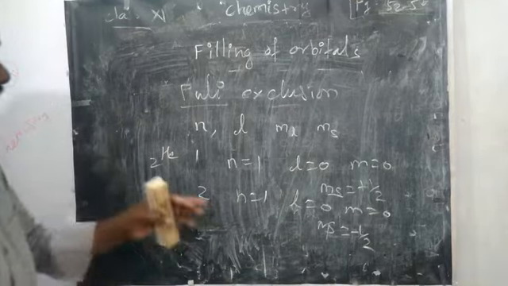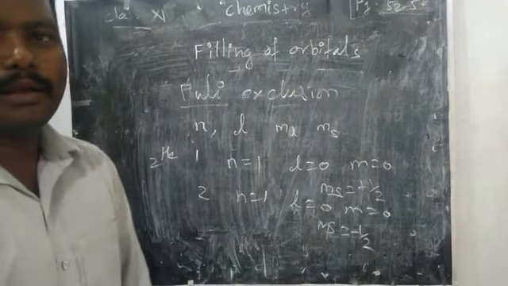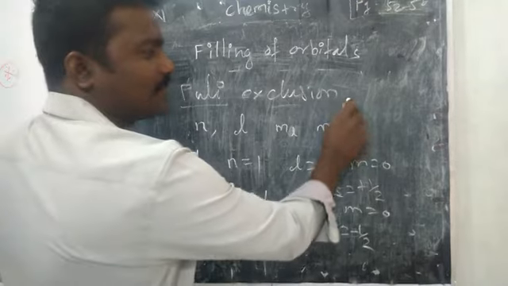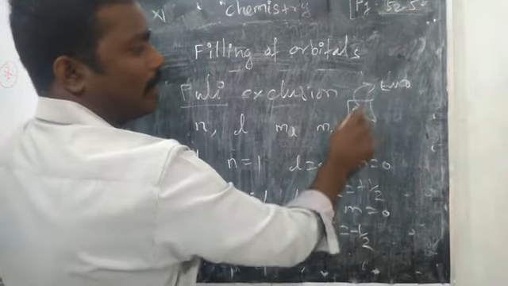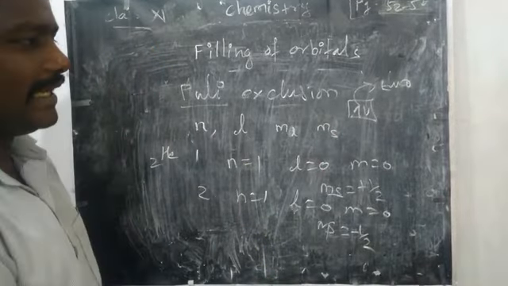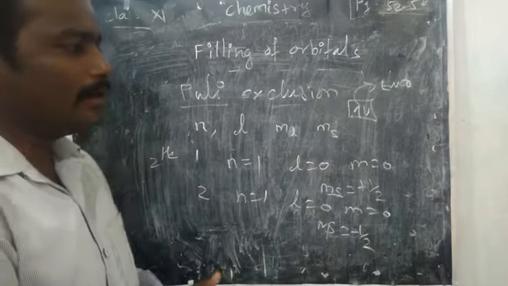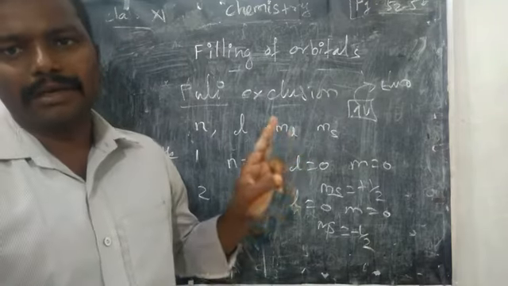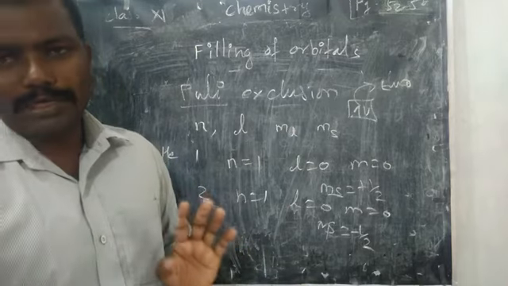So simply we can say, always the exclusion principle: one subshell can accommodate only two electrons. One is in the clockwise direction, another one is in the anti-clockwise direction. So as per the statement, any two electrons in an atom cannot have the same set of values of all four quantum numbers.